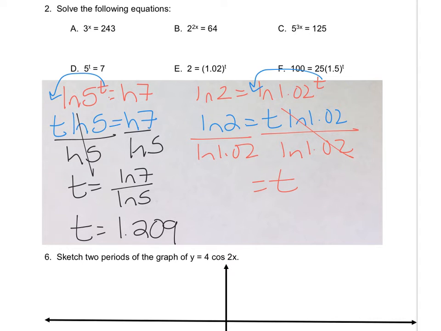And then you type that in your calculator, you get 35.003. It does not matter if you use ln or log base 10. I just choose ln, but the problems would work exactly the same if you used log base 10.